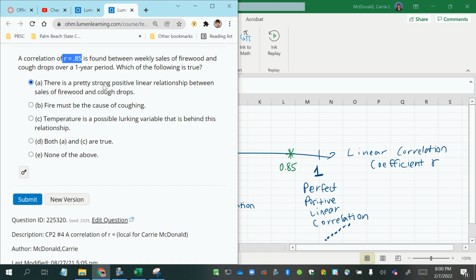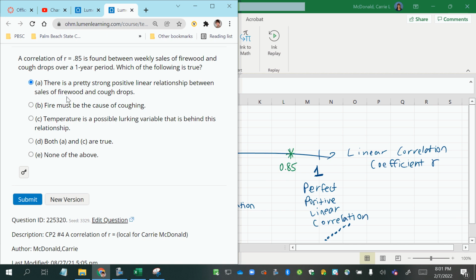There is a pretty strong positive linear relationship between sales of firewood and cough drops. Okay. And this is interesting, right? Why would there be a positive relationship between the sales of firewood and cough drops? Is it because firewood causes coughing? Well, not directly, right?